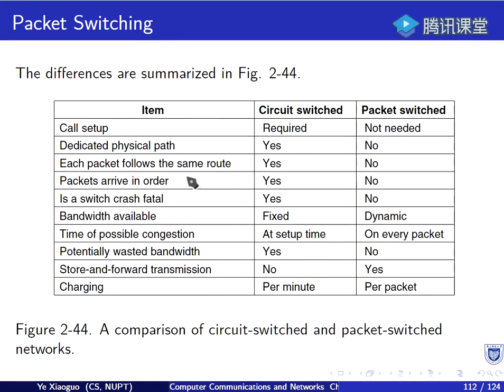The differences are summarized in this table. Circuit switching has dedicated physical paths. That means bandwidth resources of a physical path are assigned to a particular user.